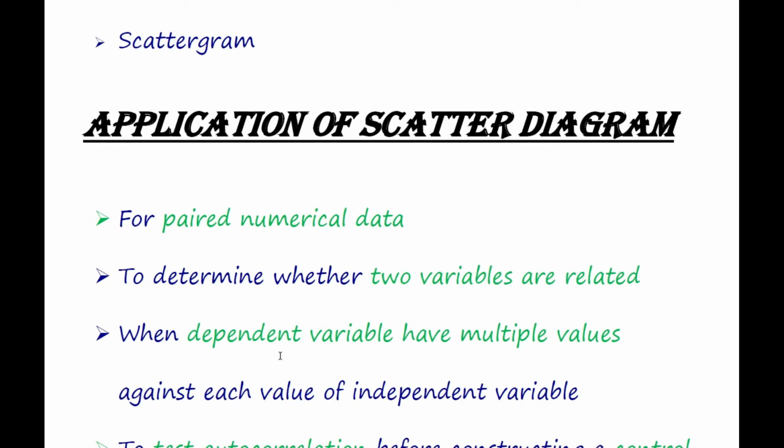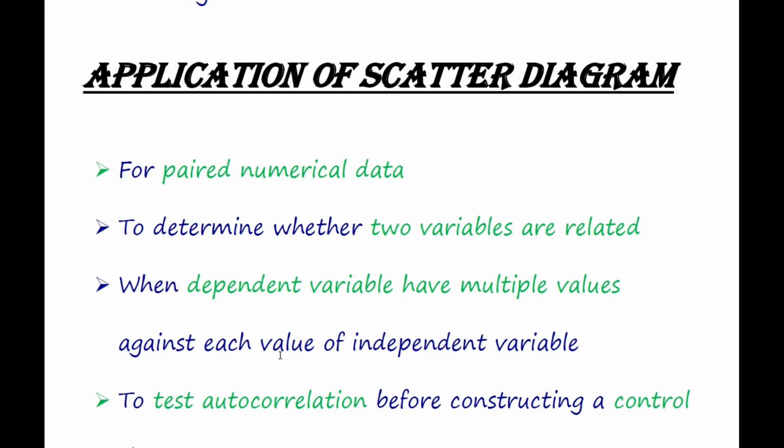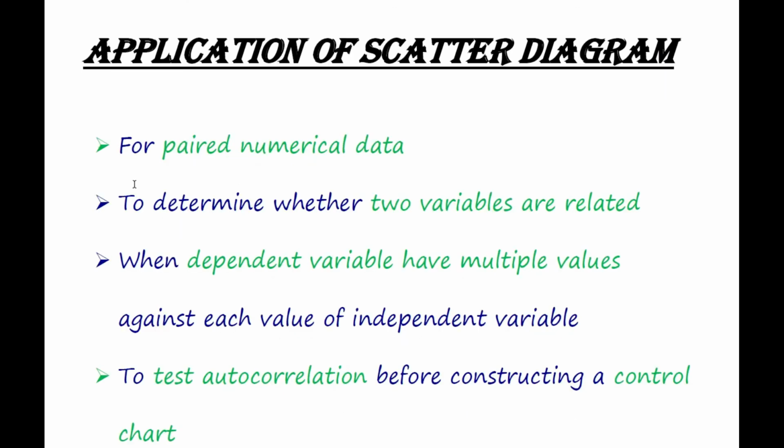And here are the applications of the scatter diagram. We can use the scatter diagram in various fields of statistics. So we discuss here, first of all, the scatter diagram is used for paired numerical data. For interpretation of paired numerical data, you can use a scatter diagram.